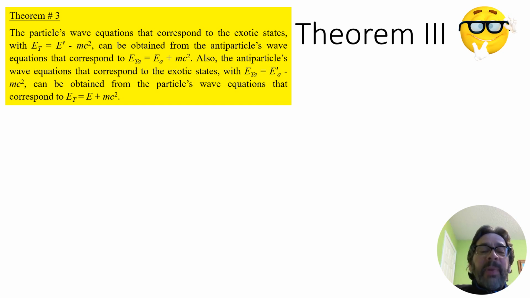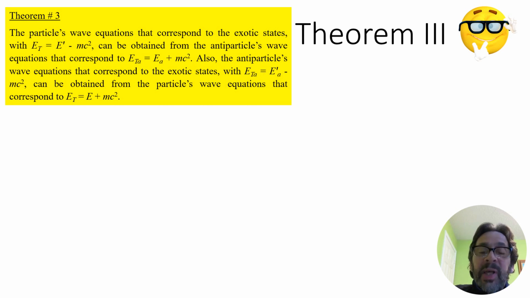Also, the antiparticle wave equation that corresponds to the exotic state with energy E prime sub A minus mc2 can be obtained from the particle wave equation that corresponds to the energy E plus mc2. This theorem is valid for particles with spin 0 and is also valid for particles with spin 1/2.